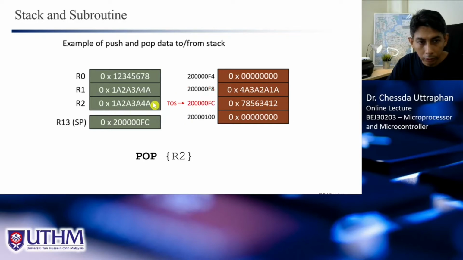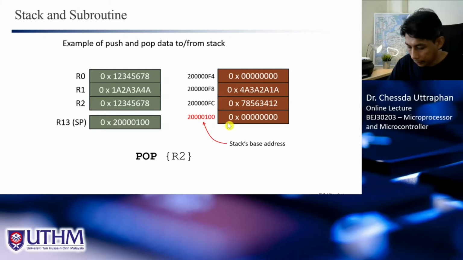It will go to R2, and now the top of the stack will be FC. And when you pop again, this data will go to R2, and now the bottom of the stack, or stack base address, is back to 20000100, which means that now the stack is empty.